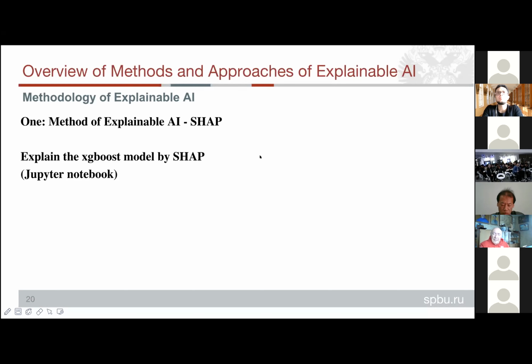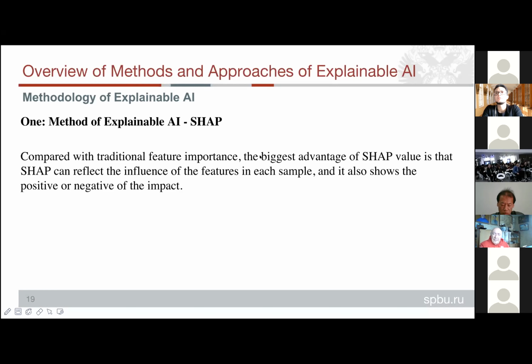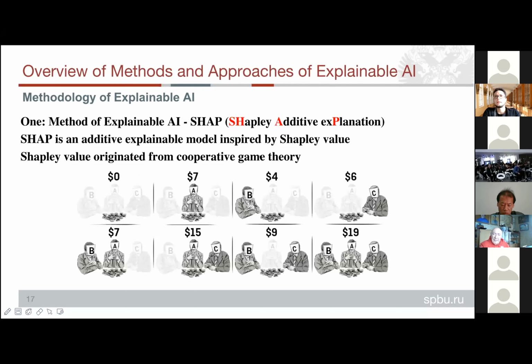And SHAP is the method of 2017. So it is not like the cutting-edge method currently in explainable AI, but I think it was the most related method for our research direction and for our seminar.